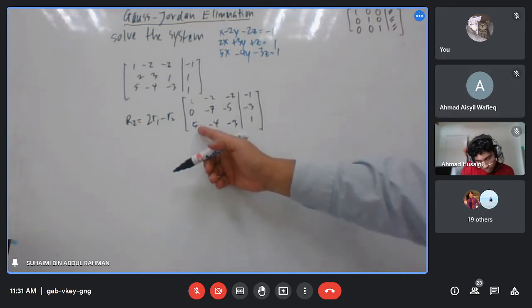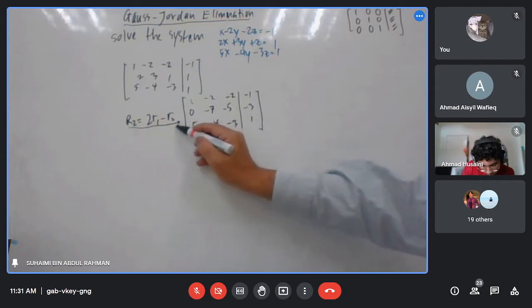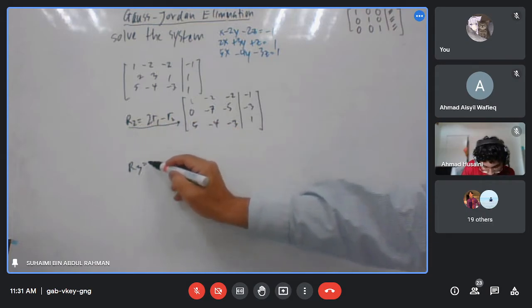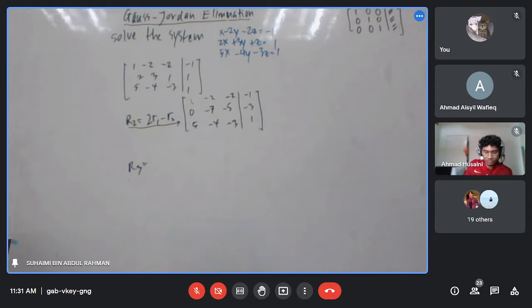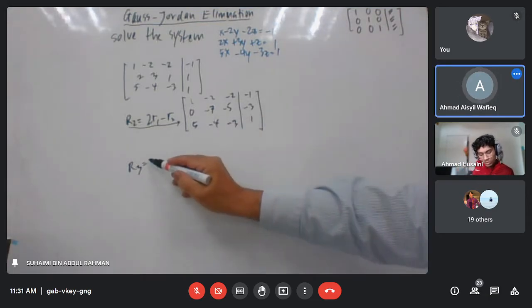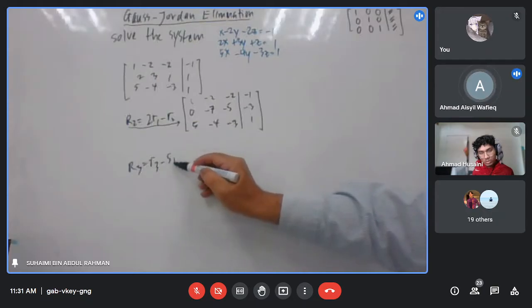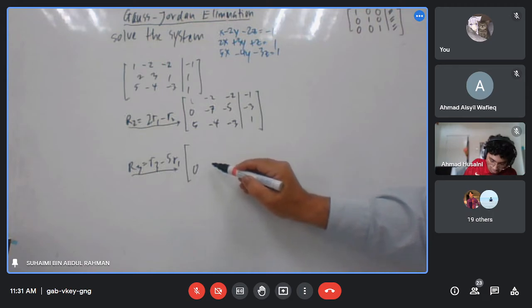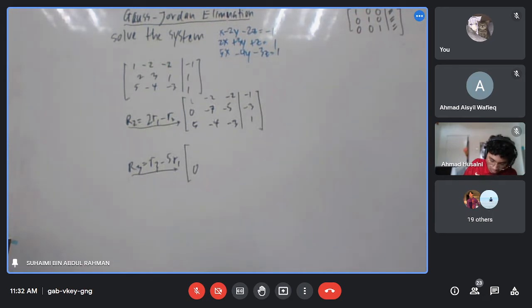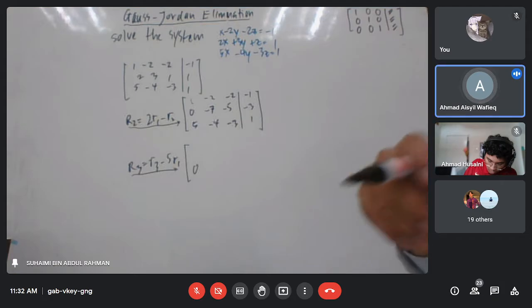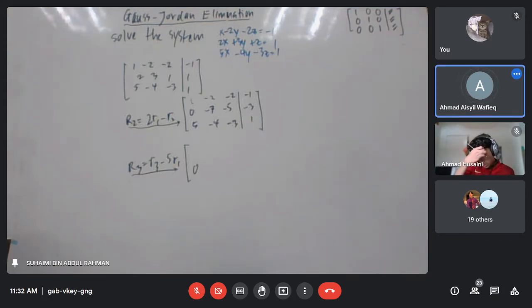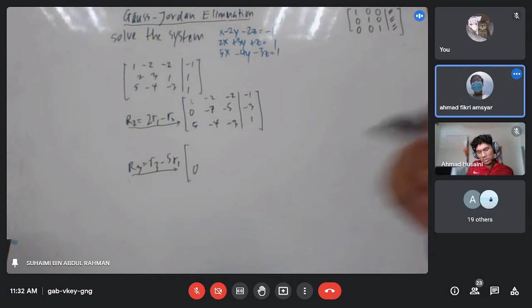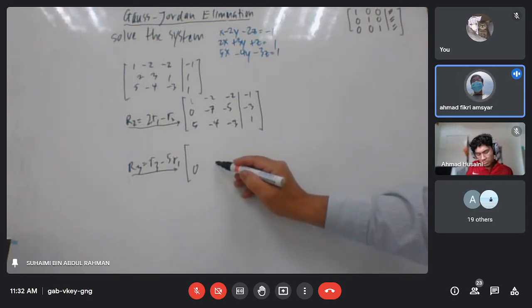Next, make 0 there. Row 3 becomes row 3 minus 5 R1. So 0, minus 14, and then 6, I think 6.